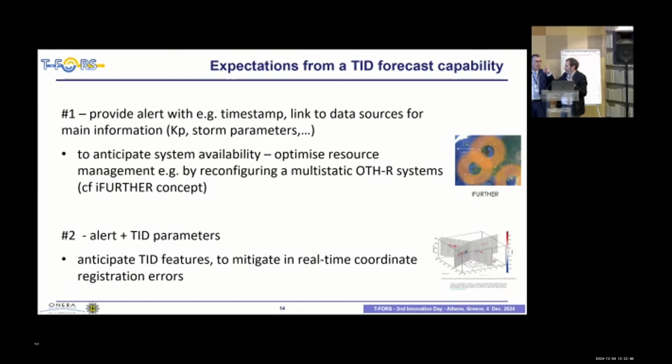So anticipating system availability can be seen from our perspective, but also from the perspective of others. This is also very important, especially for mission planning and such kind of tactical decision support. Yeah, this is another topic. So it's not only for our asset, but also to understand what the capability of the other side is.